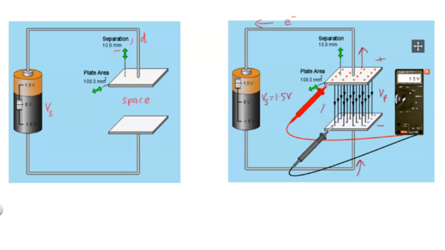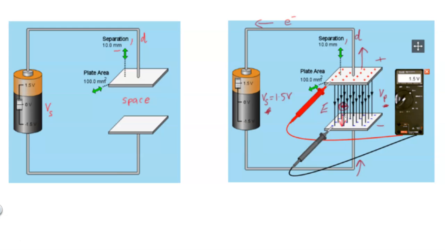So now you've got this potential difference between the plates. You've got an electric field, which we give the symbol E, and the strength is dependent upon the voltage and on the separation between the plates. So if we put a positive charge inside that field, we know it's going to experience a force downwards.